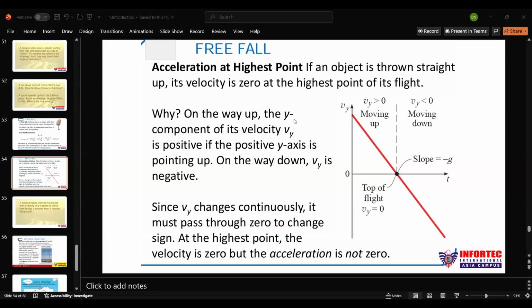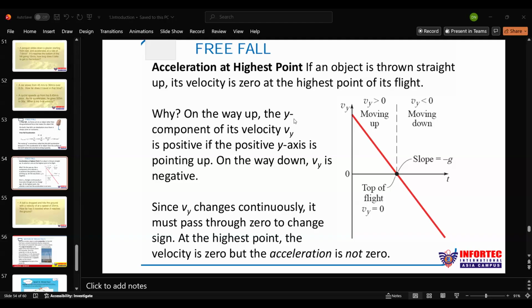When we throw an object straight up, the velocity decreases, and at the highest point the velocity becomes 0, because the acceleration due to gravity acts downwards.